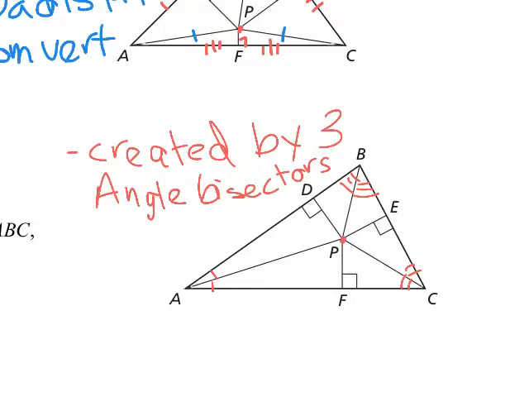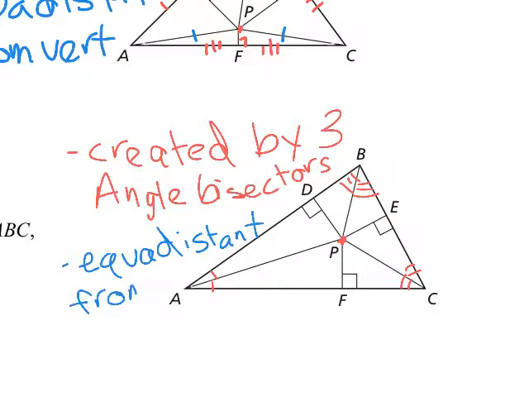That's the incenter. What we know from an incenter is it's equidistant from the sides. For circumcenter, we knew it was a circumcenter because of the three perpendicular bisectors, and it was then equidistant from the vertices.